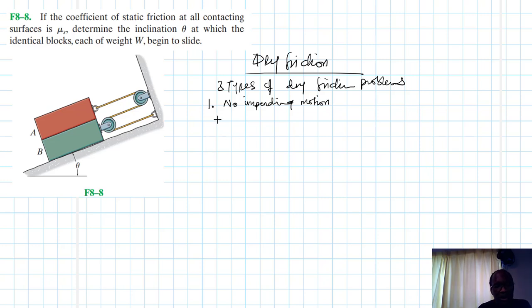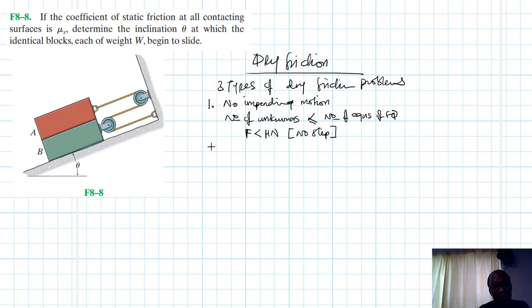In this case, you expect the number of unknowns to be less than or equal to the number of equations of equilibrium. Once we've done so, we need to check for the contacting point or surface whether this condition is met. And if it is met, then we are sure that there is no slip at those two contacting surfaces or points.